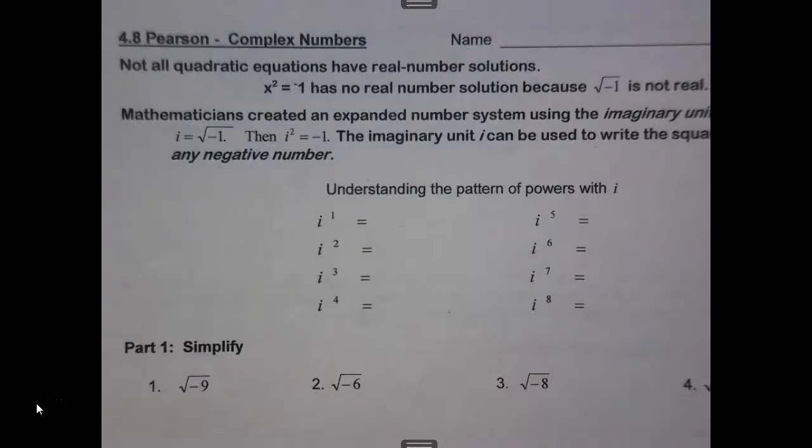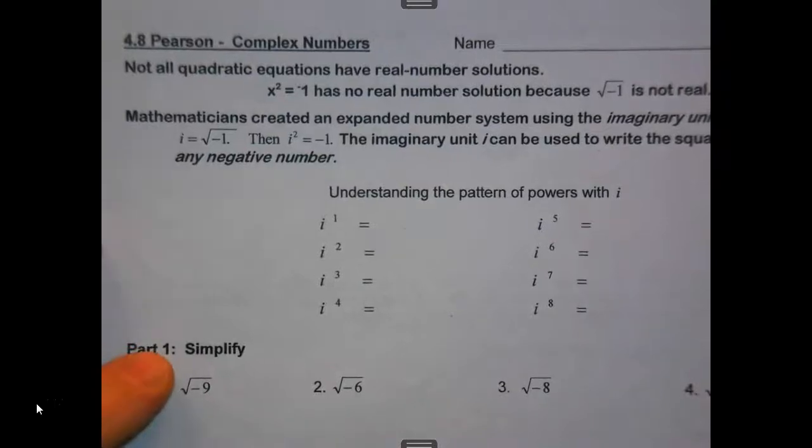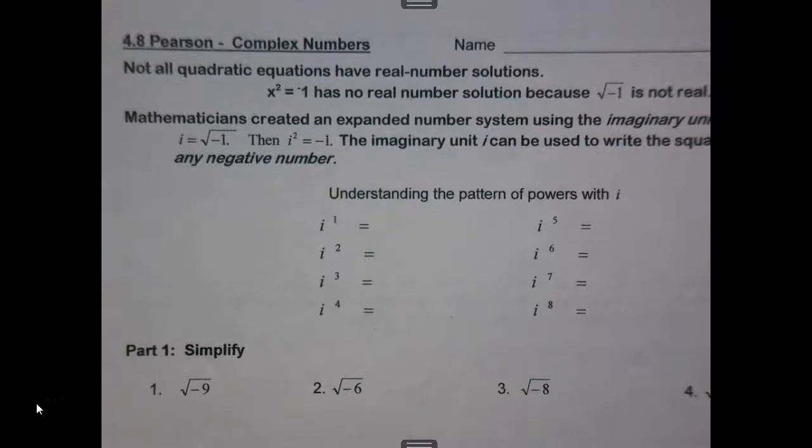When we were solving radicals, we came upon just a couple of problems where you were trying to take the square root of a negative number, correct? Okay, and I told you at that point that we did not know how to do the square root of negative numbers. So this section comes up with a new plan.